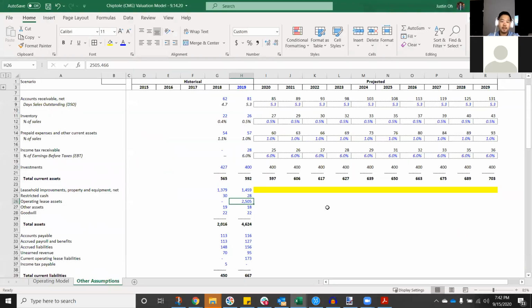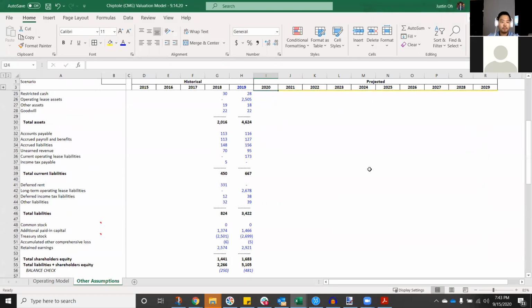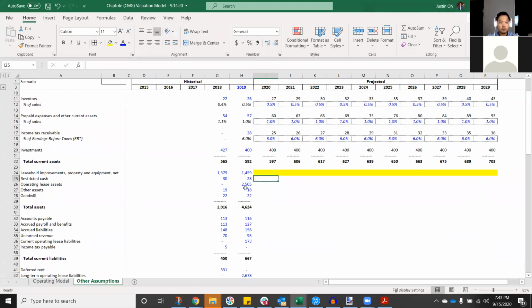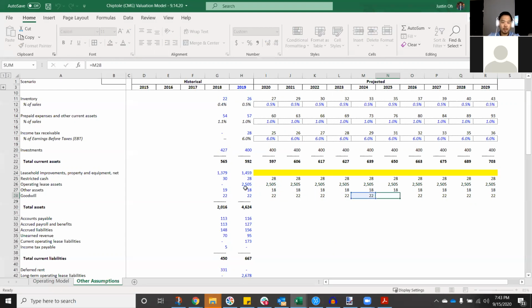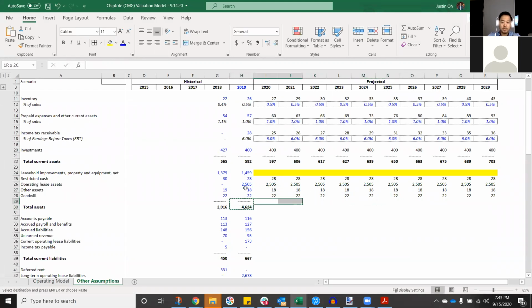So this means that they've prepaid a bunch of rent. I don't know how necessary that is for operating the business. But these are long-term assets. So for these long-term assets, a lot of times you just keep them on the balance sheet unless you have a view of why they shouldn't be on the balance sheet, so we're just going to do that.